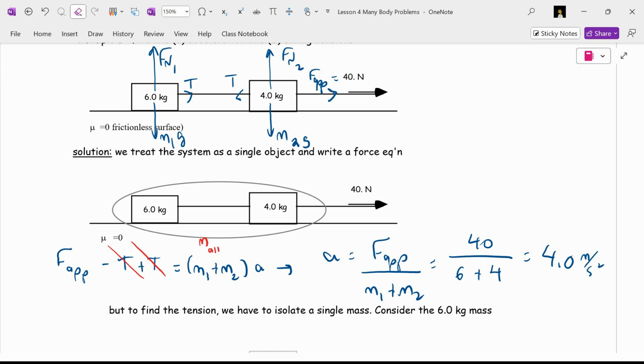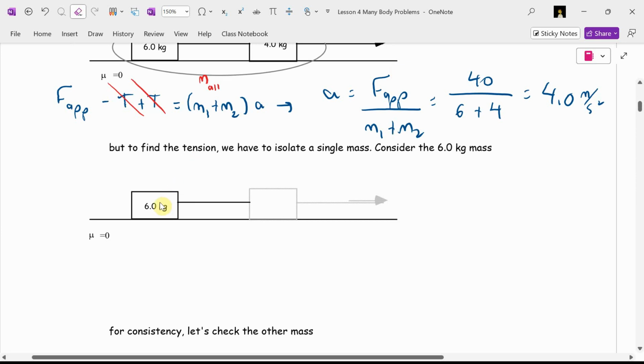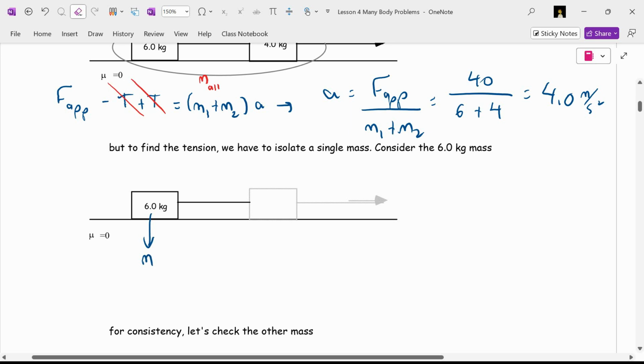So what we're going to do is look at a single mass. I'm going to quickly resketch the 6 kilogram free body diagram. It was M1G, normal force 1, tension.